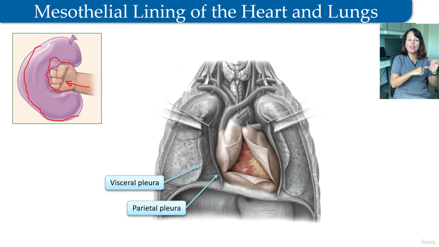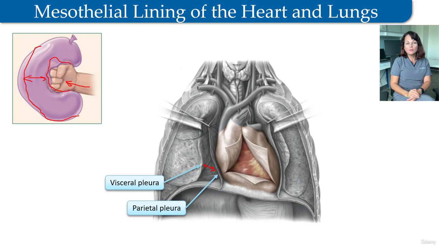The cavity between these two layers of the balloon is analogous to the pleural cavity, and the pleural cavity doesn't have any air in it normally, but it has a thin film of fluid. At your wrist, which represents the root of the lung, the inner and outer walls of the balloon are continuous, as are the visceral and parietal pleura, and together they form the pleural sac.